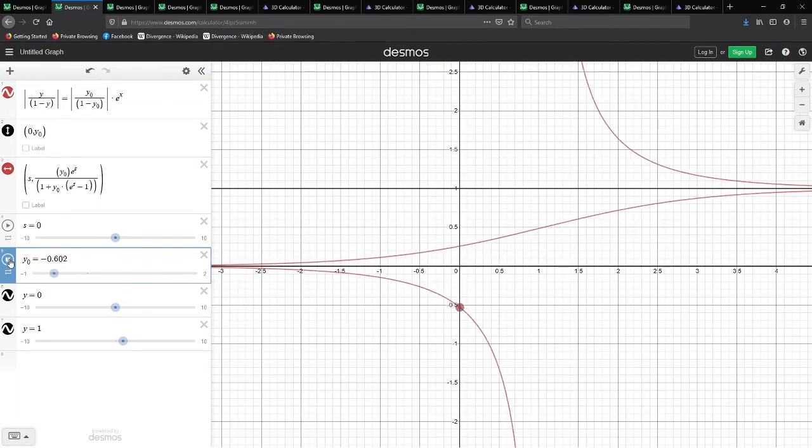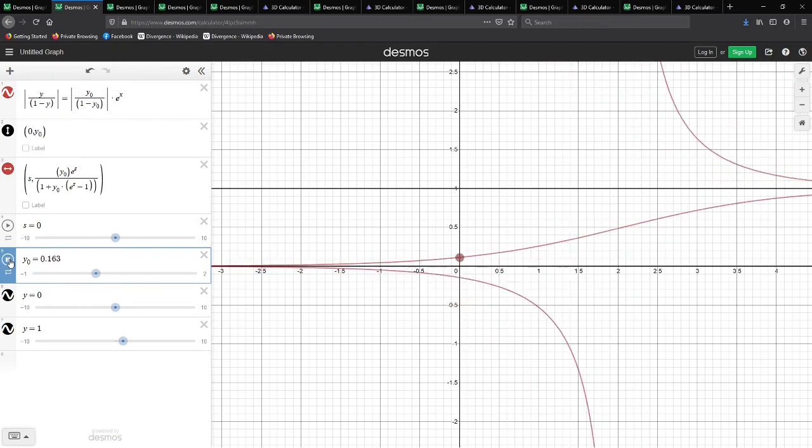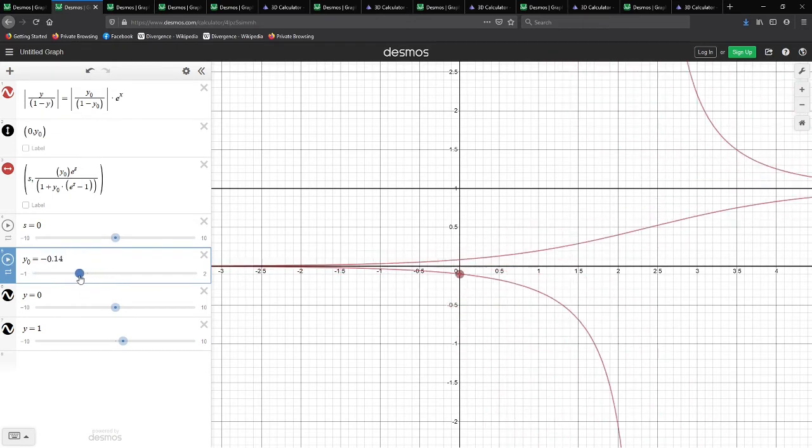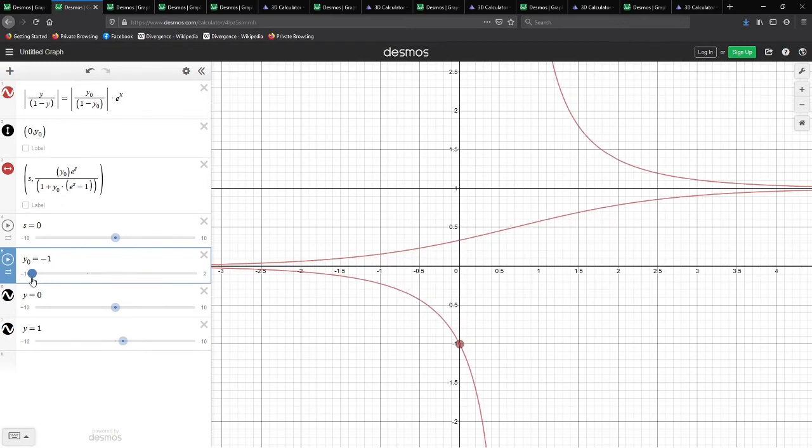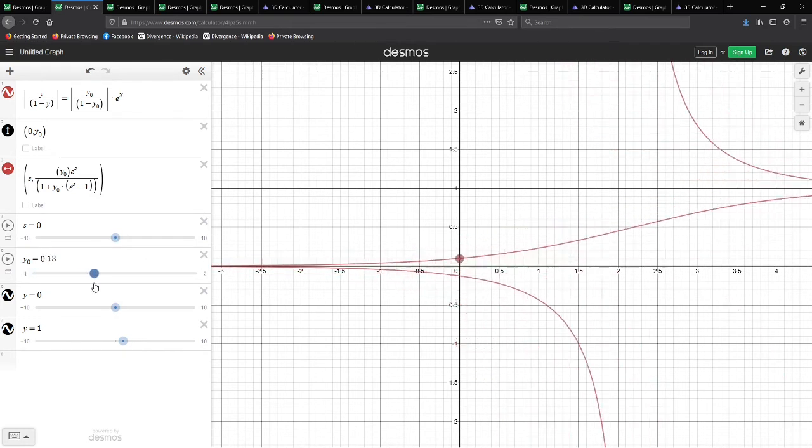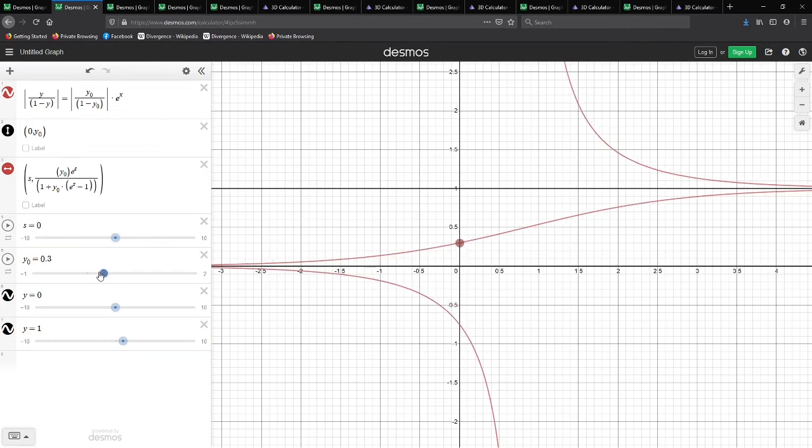So if you start with an initial condition less than 0, the solution goes down to negative infinity. If you start with a value for y naught inside the interval from 0 to 1, the limiting value is 1.